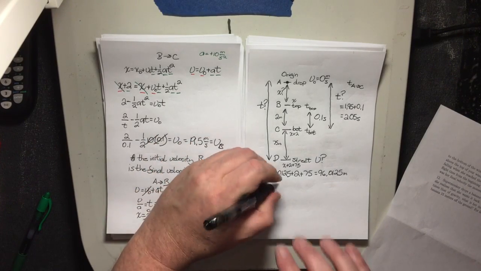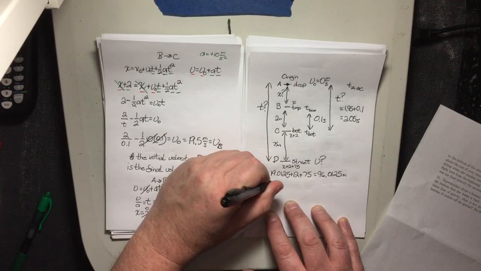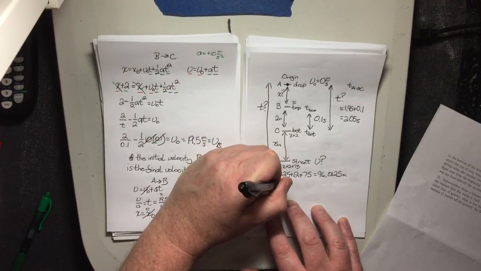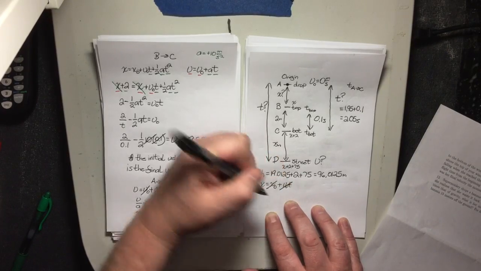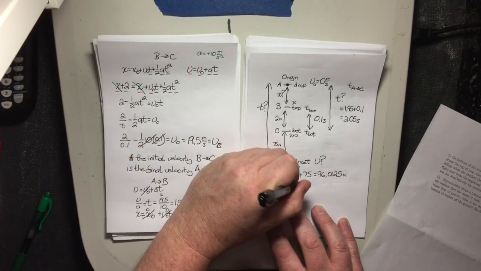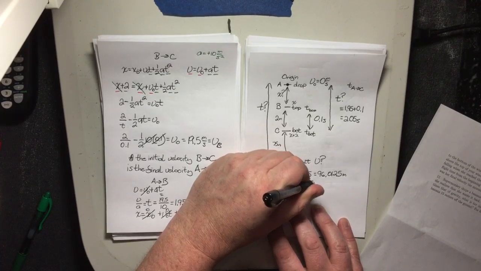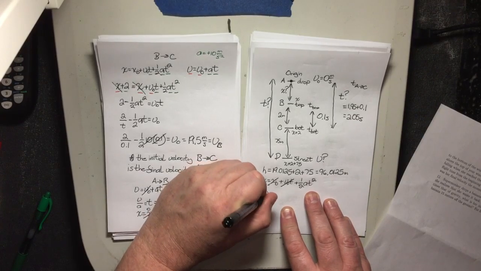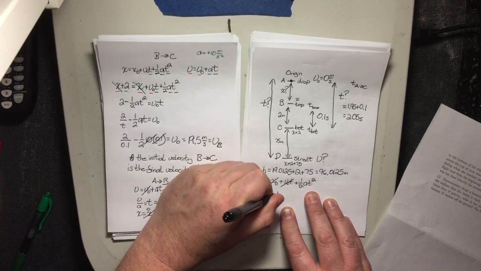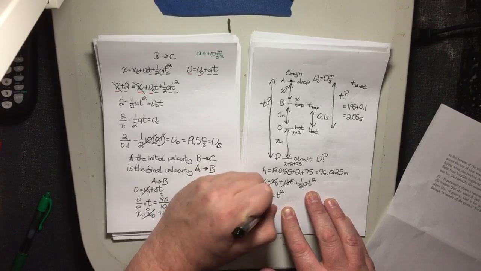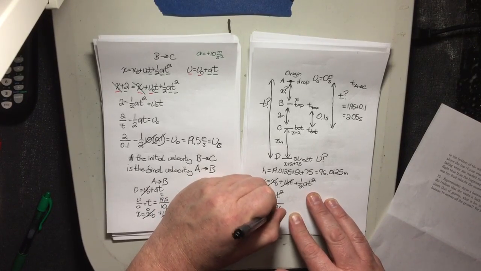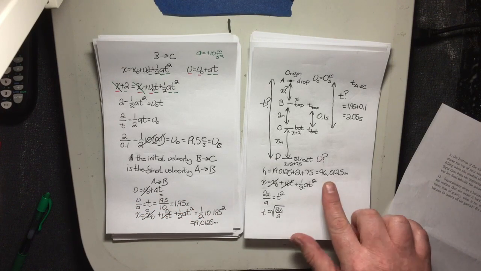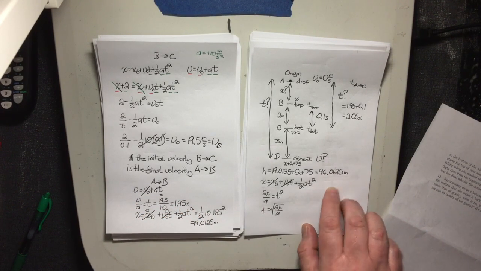You could answer that. x equals x naught, which is 0, because it starts at the origin, plus v naught t, it was dropped, that's 0, plus 1/2 a t squared. a and x are known, t is unknown. 2x over a is t squared, or t is the square root of 2x over a. x is 96.0125.